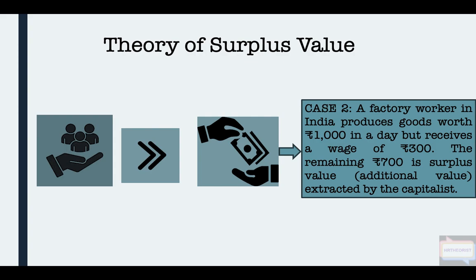In this case, the capitalists pay the worker 300, which represents the wage or compensation for their labor. However, the value of the goods produced by the worker is 1000, meaning the worker has generated 1000 worth of value for the capitalist.